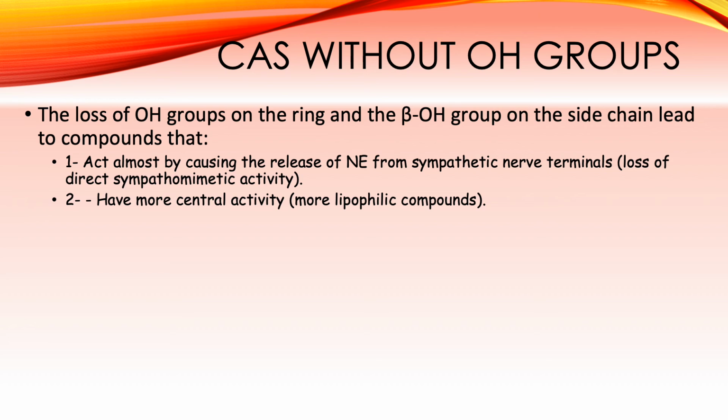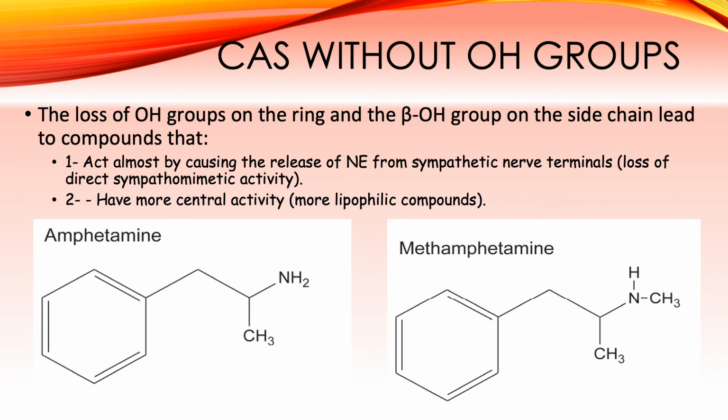Also, if we have no hydroxyl on the ring, we have more central activity because hydroxyl is hydrophilic, and when you remove it, that makes our compound more lipophilic. Therefore, it can cross the blood-brain barrier, making it have more activity in our central nervous system.